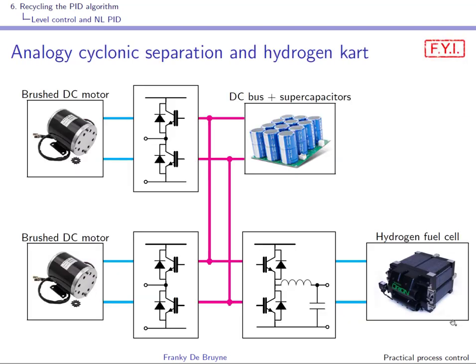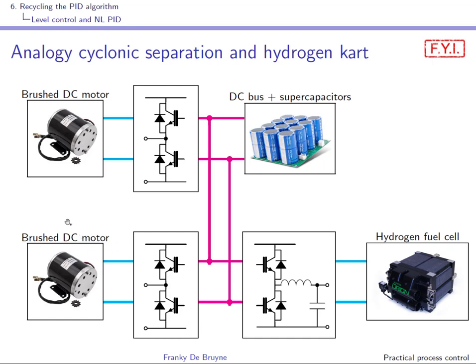Well, in this example, that is for your information only, you will see a very similar situation to that of the cyclonic separation with this hydrogen car, and the algorithm that you'll obtain for average level control can be applied to this situation as well. Well, the analogy will be as follows. The level control is replaced by a DC bus voltage control.